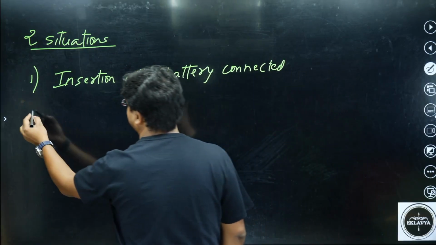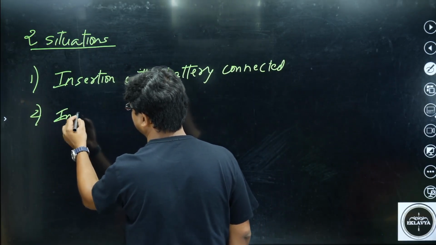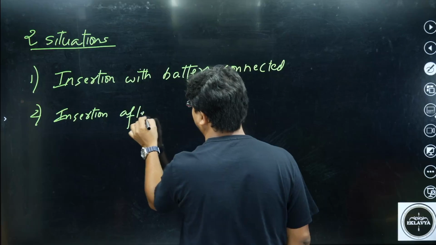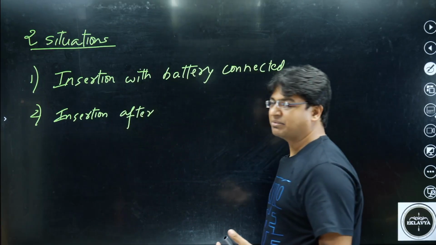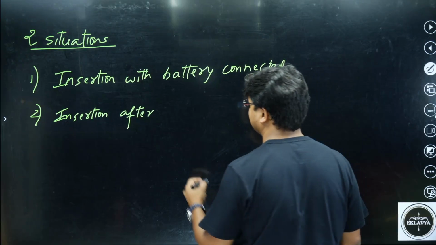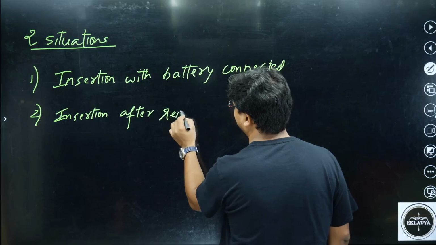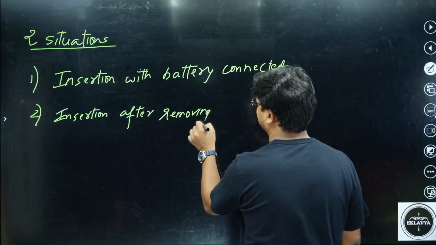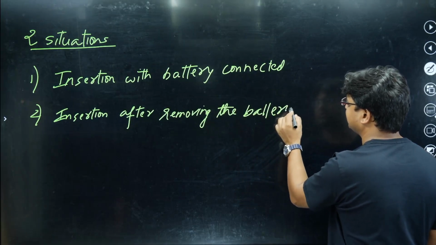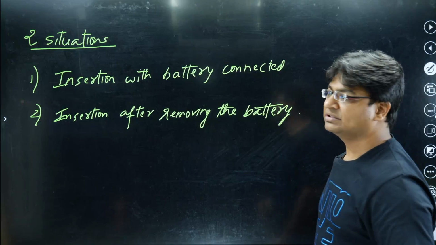And second would be insertion after removing the battery. Like we connected the battery, we allowed the capacitor to get charged, and then we removed the battery, and now we are inserting the dielectric slab. So these are the two situations that we will discuss.